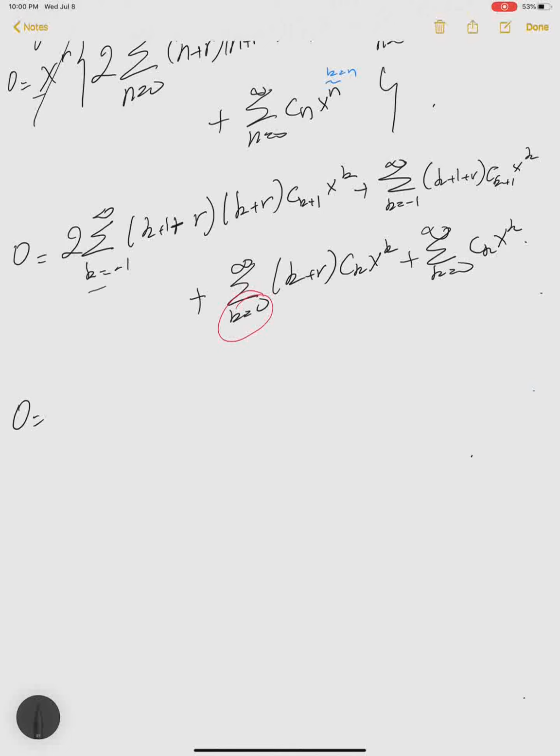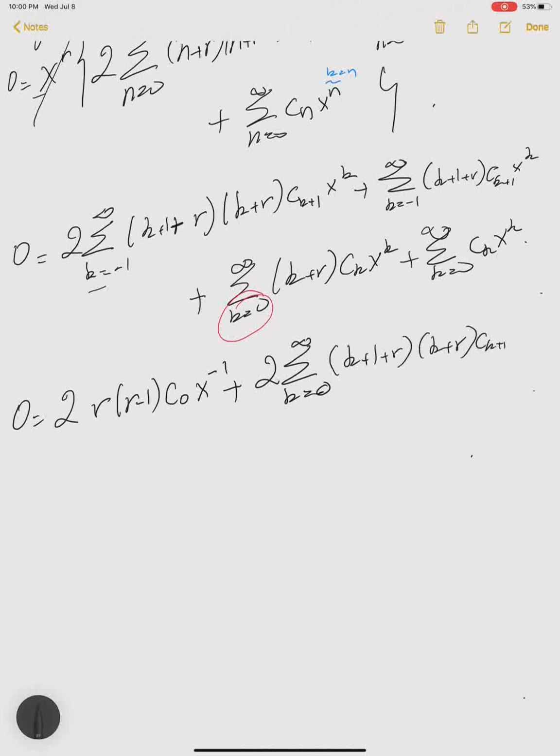So when k equals minus 1, you get 2 times (r - 1) r c_0 x^(-1), plus 2 summation from k equals 0 to infinity (k + 1 + r)(k + r) c_(k+1) x^k. And this is the first sum.